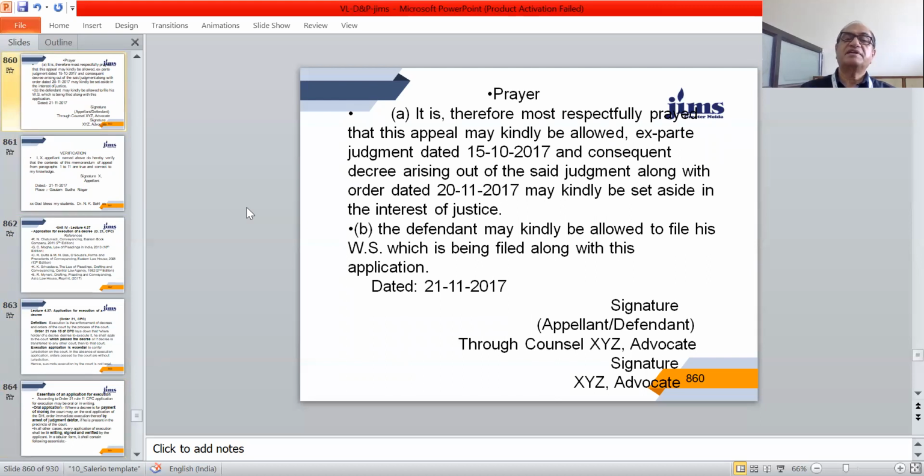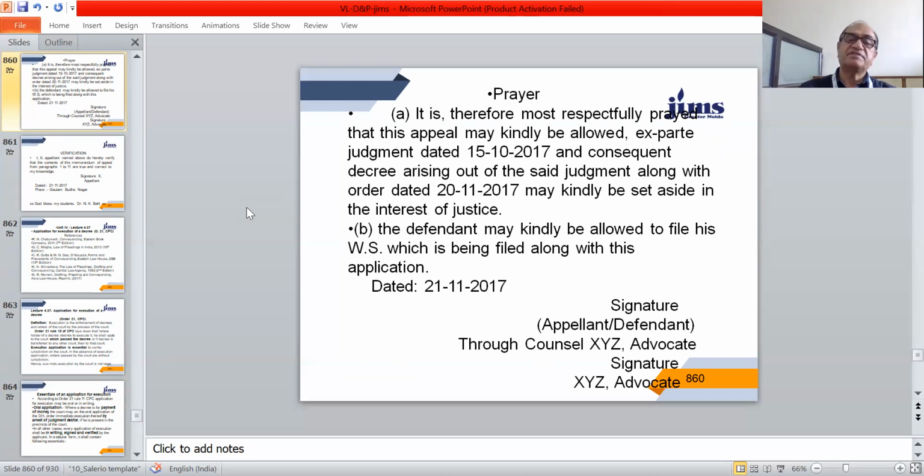The first prayer is, it is therefore most respectfully prayed that this appeal may kindly be allowed. A, ex parte judgment dated 15th October 2017 and consequent decree arising out of the said judgment along with order dated 20th November 2017 may kindly be set aside in the interest of justice.